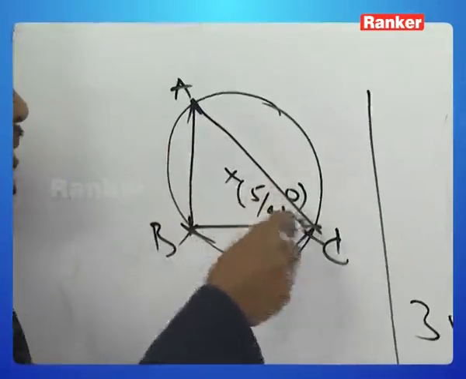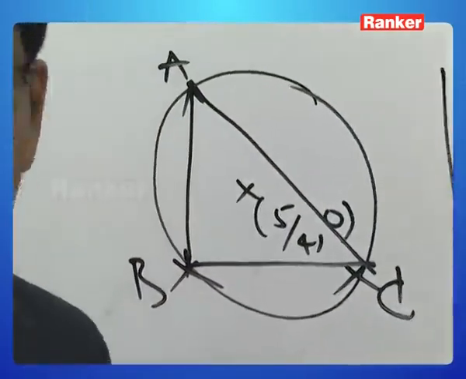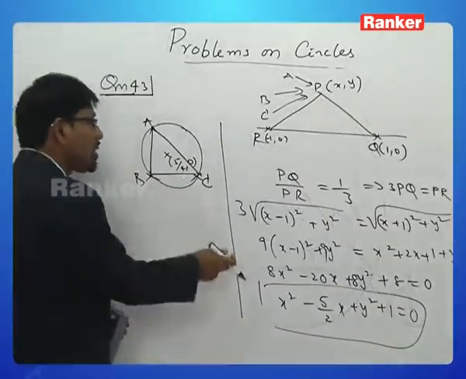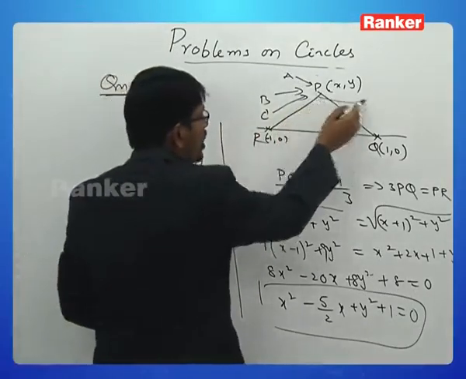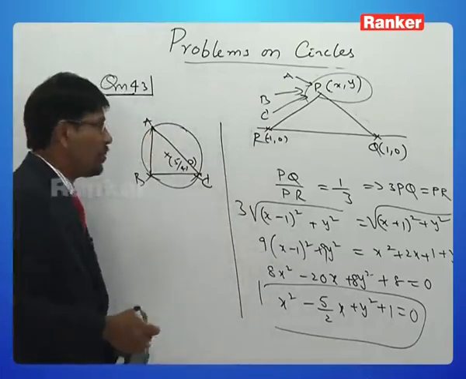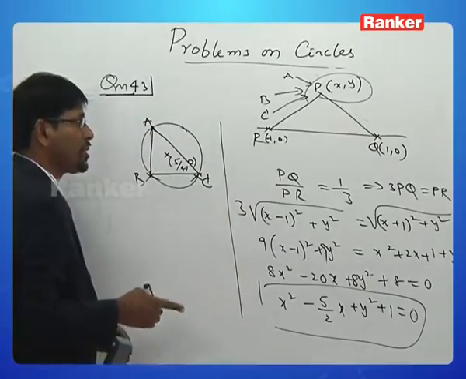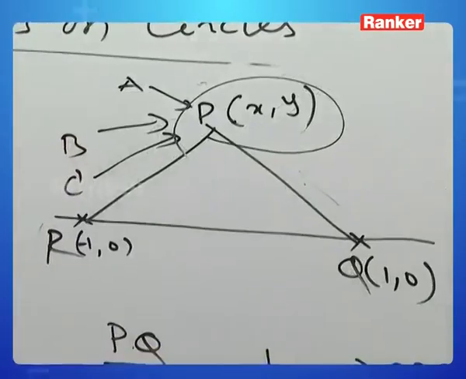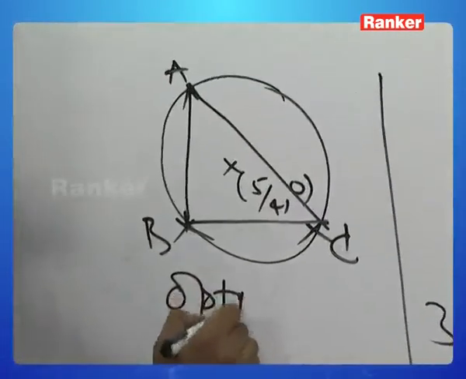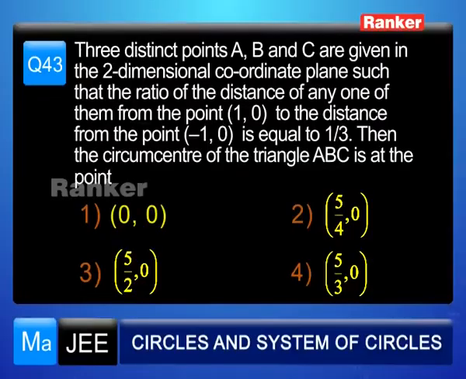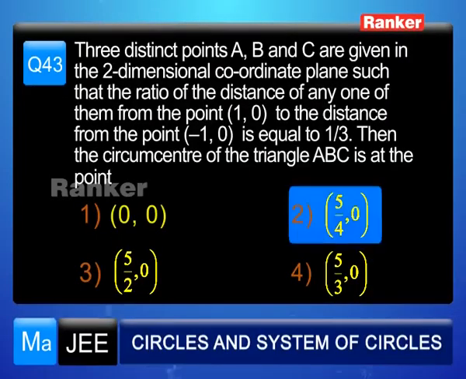So the circumcenter of the triangle ABC is 5 by 4 comma 0, which is the center of the locus of this point P. So the right option is option 2.